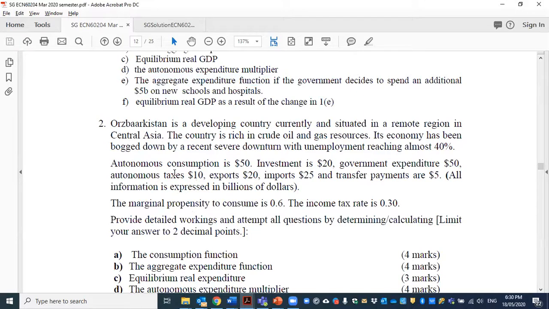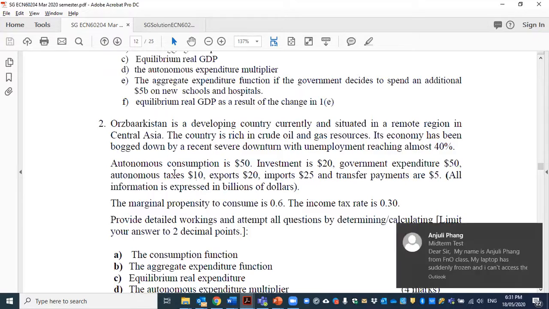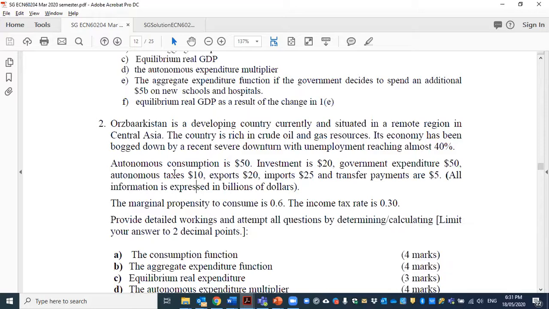Autonomous tax. In the previous question, we didn't have any autonomous tax. Now we have autonomous tax, capital T, which is 10. Then we have export, X, which is 20. Then we have import, M, which is 25.